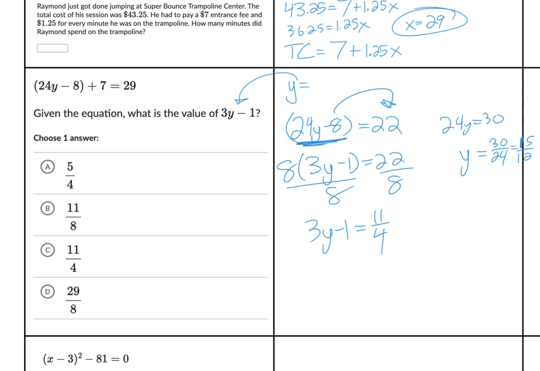And then we'd have to multiply that by 3 and subtract 1. So 15/12 times 3 minus 1 equals 11/4 as well. Getting into messier fractions and things, but either way can be done, not extremely difficult.